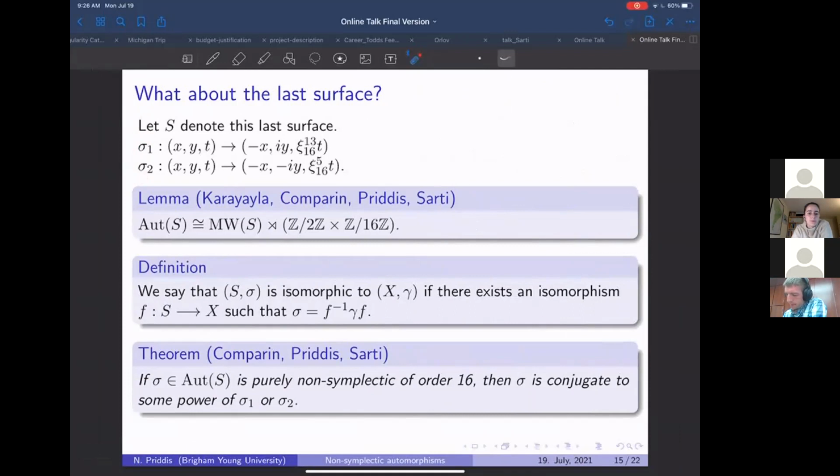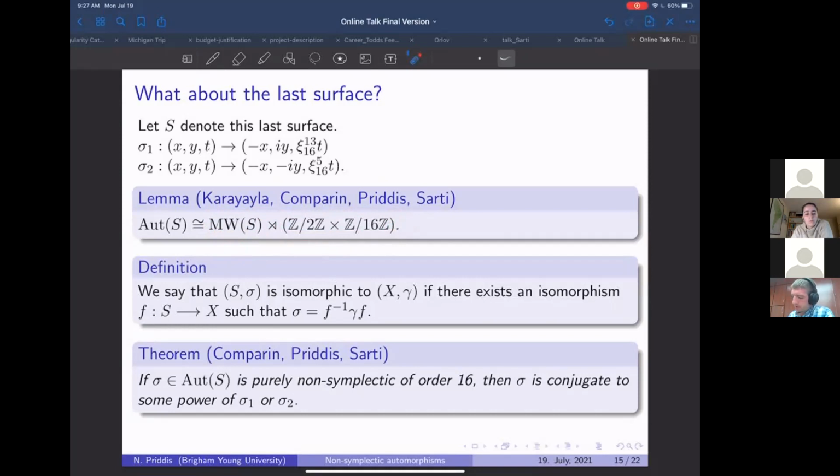But anyway, what we find is that the automorphism group of S turns out to have a really nice form, even though it's not just these two purely non-symplectic automorphisms of order 16, but it's also got the Mordell-Weil group, which I won't describe, but it has to do with translation by sections. So anyway, this is an infinite group and then a semi-direct product.